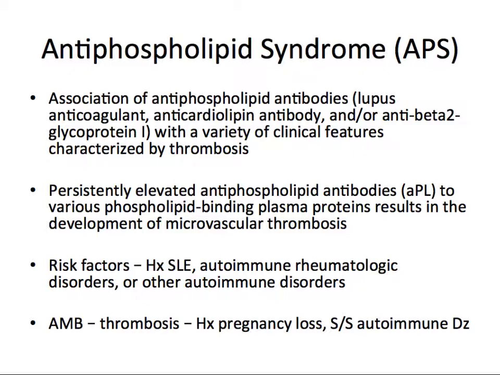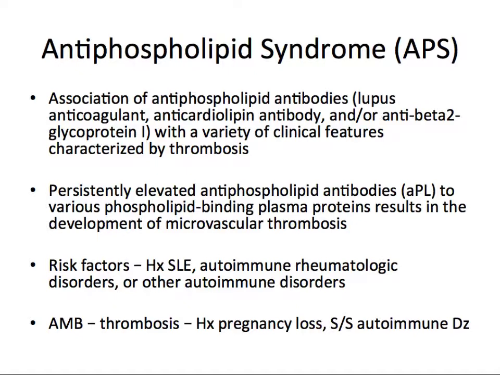Antiphospholipid Syndrome, or APS, is the association of antiphospholipid antibodies with a variety of clinical features characterized by thrombosis. Persistently elevated antiphospholipid antibodies to various phospholipid-binding plasma proteins results in the development of microvascular thrombosis.